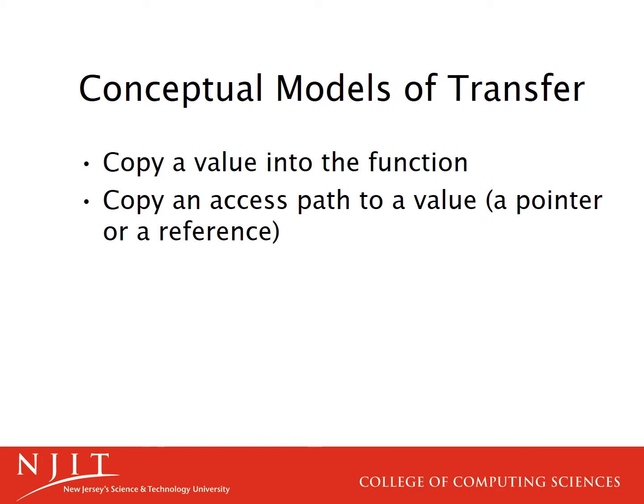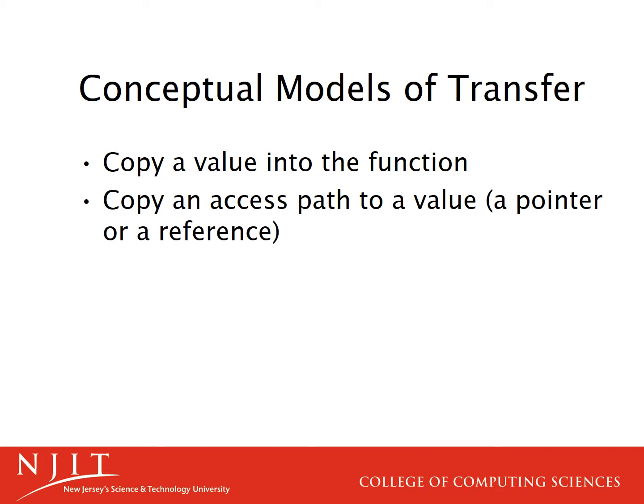Now, if one of the arguments is a pointer or a reference, then that means that I am giving the function an access path to the variable. If a function takes a pointer to an integer, I have to initialize that pointer to point at some integer.